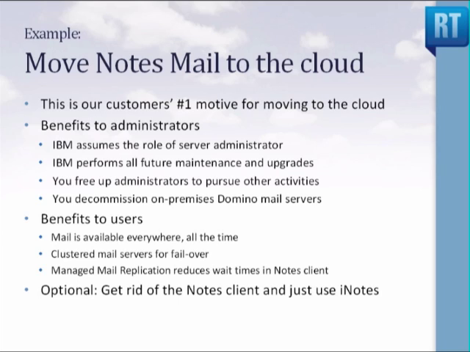That's no longer the case when the mail servers are in the cloud. Also, your mail servers in the cloud are clustered for failover and load balancing, and finally, managed mail replication is automatically in place when you use cloud-based mail.